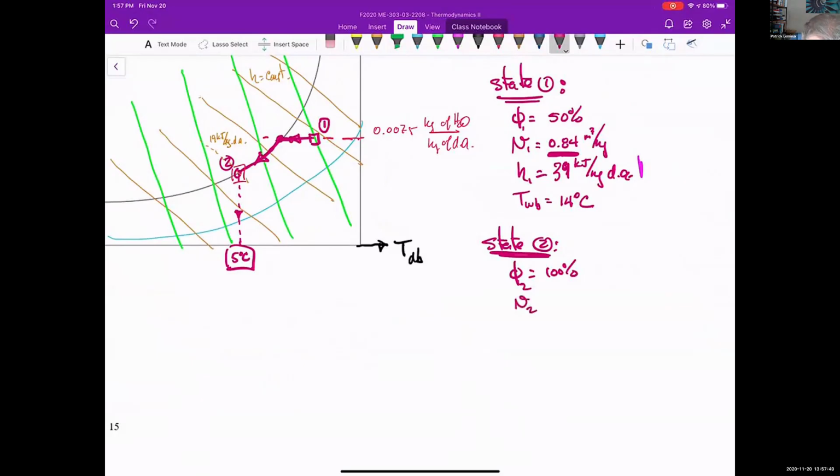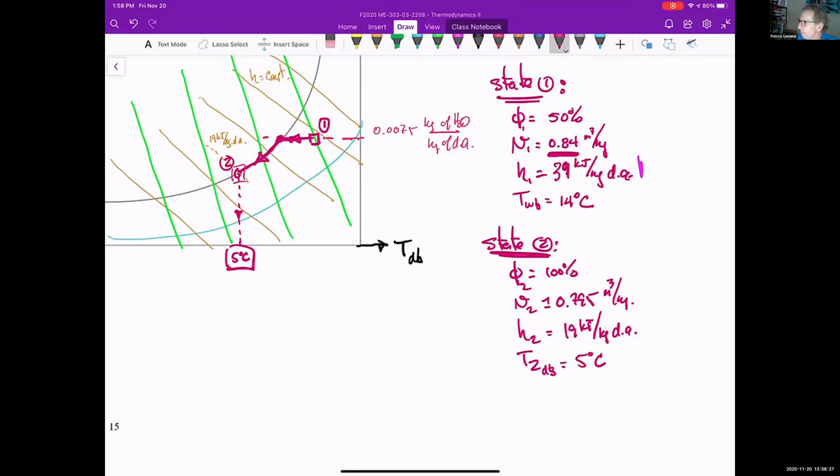V2, well, I'm not going to care about that, although let's just check it out for fun here. At 5 degrees Celsius, it looks like it's about 0.795 meter cube per kg. H2 is 19 kilojoules per kilogram of dry air. And T2, most importantly, dry bulb, is equal to 5 degrees Celsius.